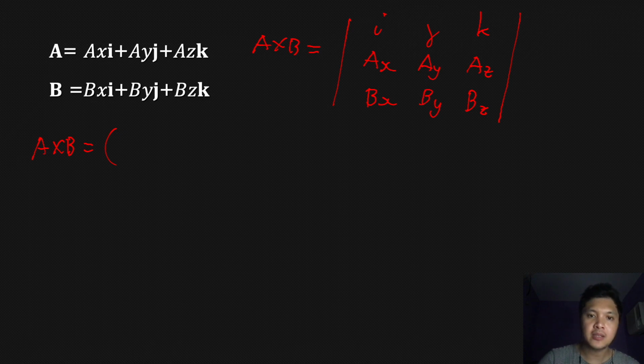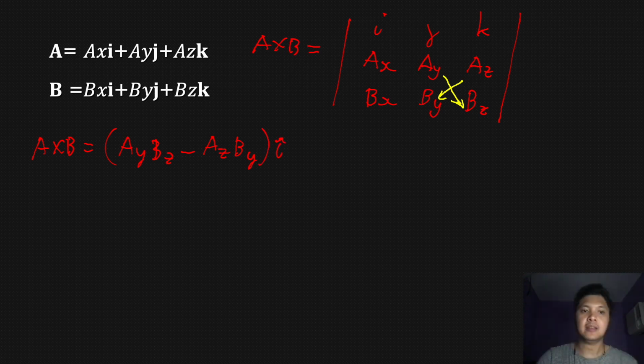AY BZ, then minus, it's always minus, this one, AZ BY, and the direction is I hat, and then we have to add or plus.